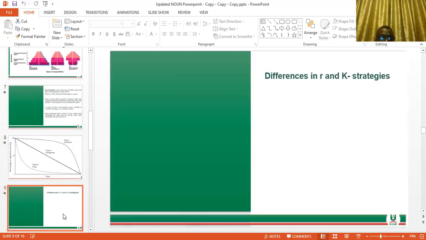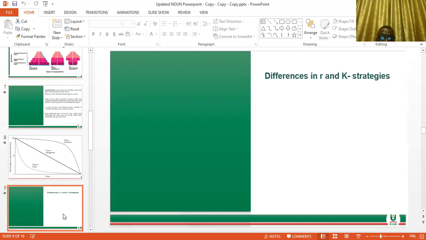And then we also talked about the differences in r and K strategy. For r, they have a short lifespan. For K, they have a long lifespan. The r species produce a large quantity and lack the basic instincts to take care of their young ones, whereas the K species produce a small quantity and do much to take care of their young ones.